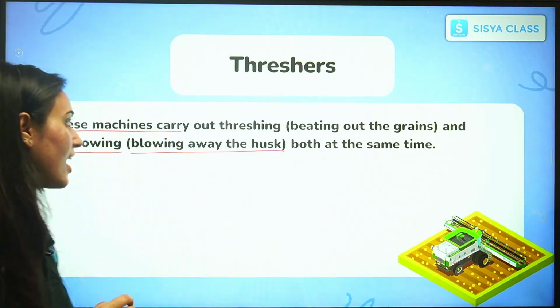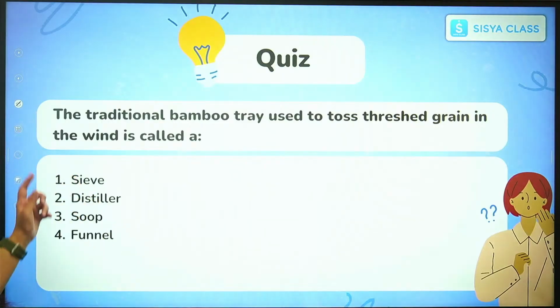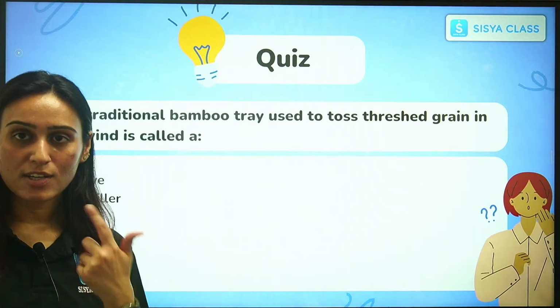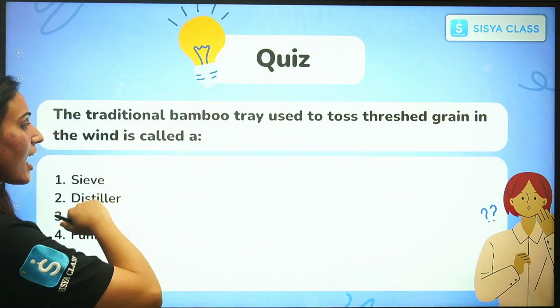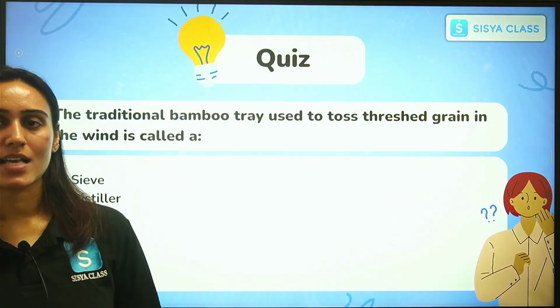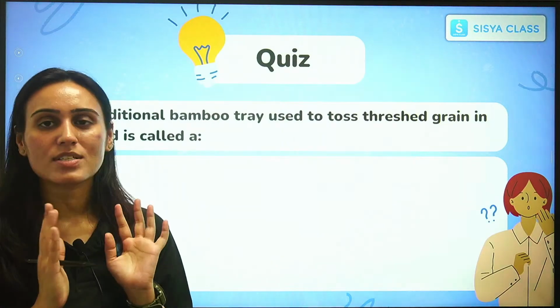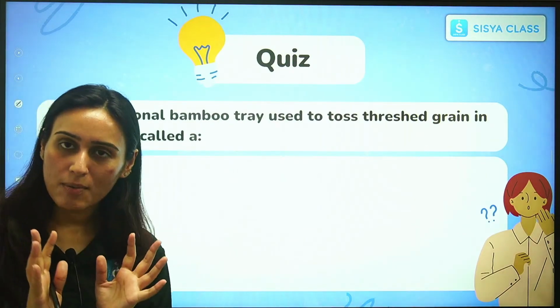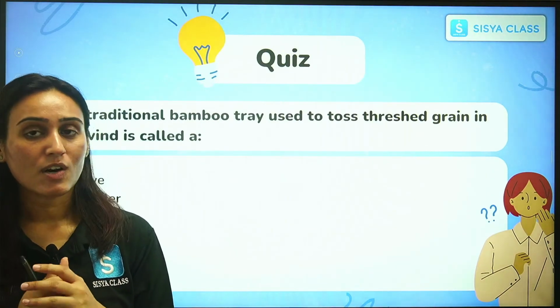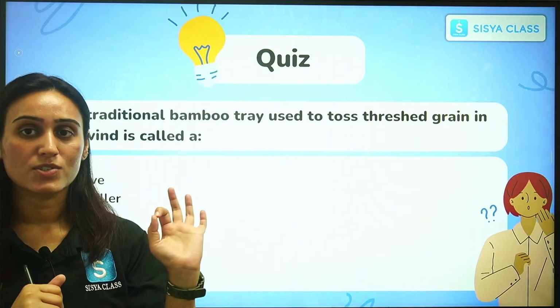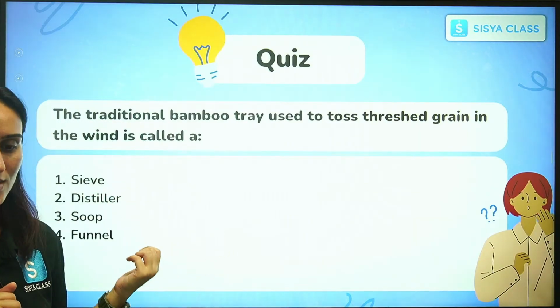Right? Now, can you answer this question? The traditional bamboo tray that you were using in order to separate out the grain from the husk by blowing wind into it, when we don't have a thresher, what was the traditional equipment we were using, everyone? What was the name of that bamboo tray? You just have learnt about it. Can you answer this question, everyone?